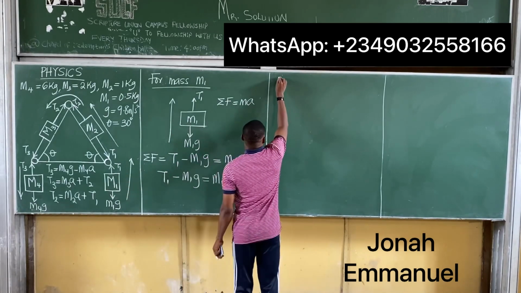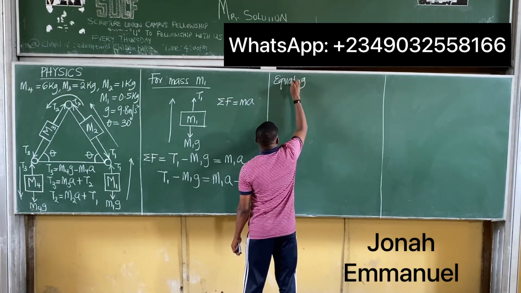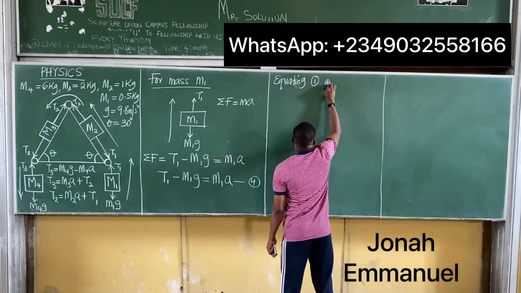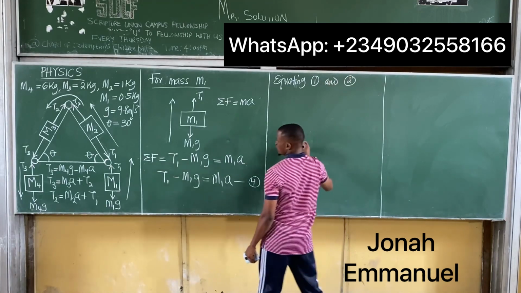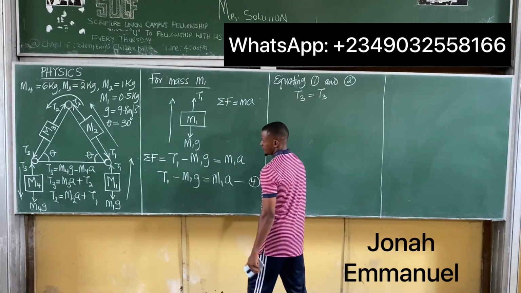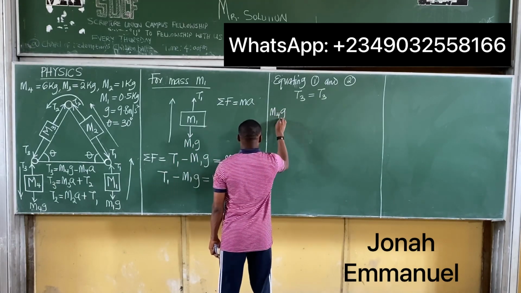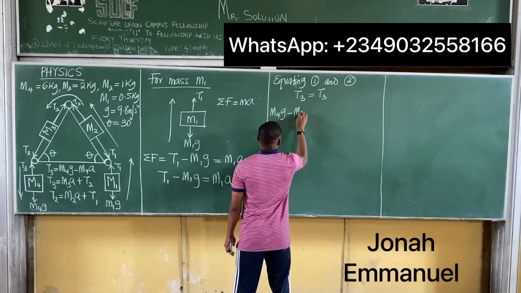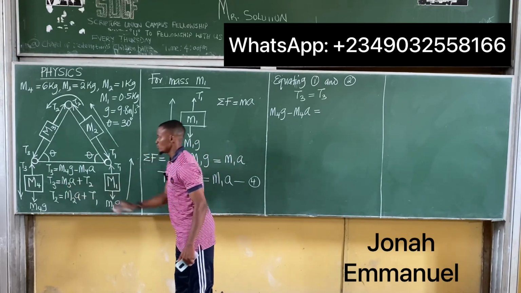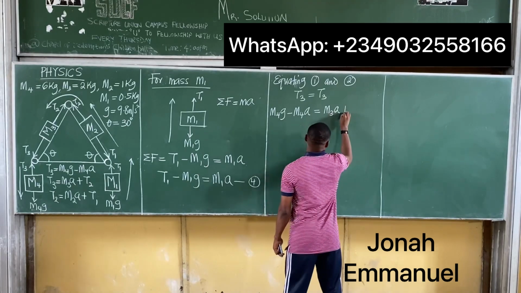Equating equation 1 and equation 2, T3 from equation 1 is M4G minus M4A, which is equal to T3 from equation 2, which is M3A plus T2.